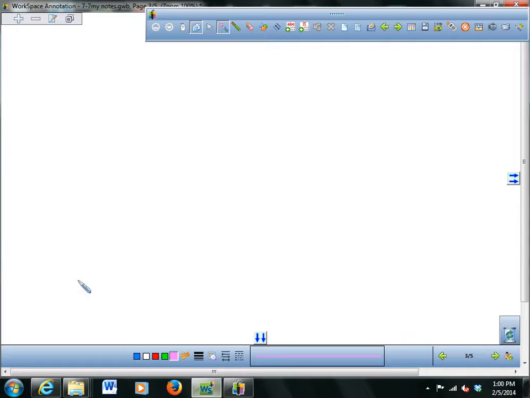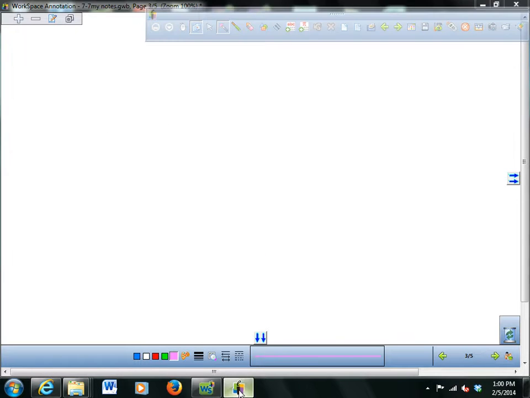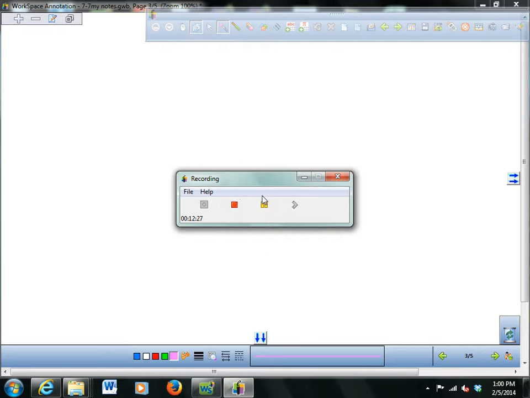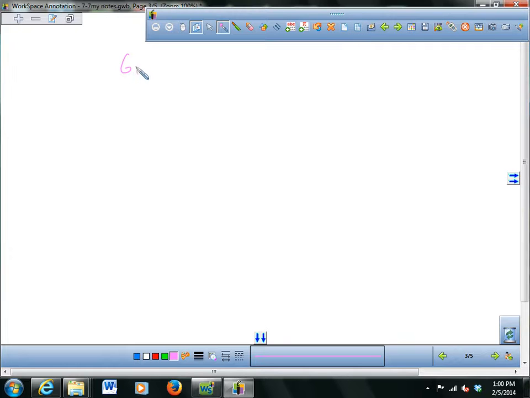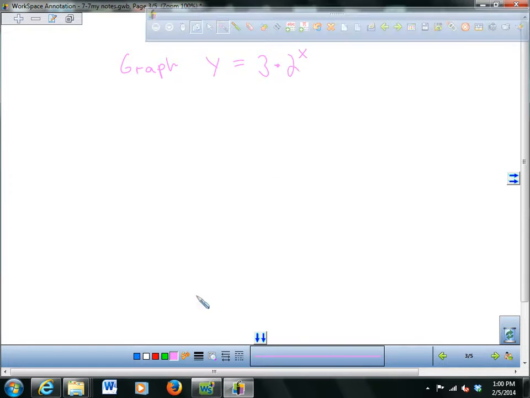So what if I wanted to graph? Sometimes I'll ask you to graph exponential functions, and you can do that pretty easily by making a table of values. So graph y equals 3 times 2 raised to the x.